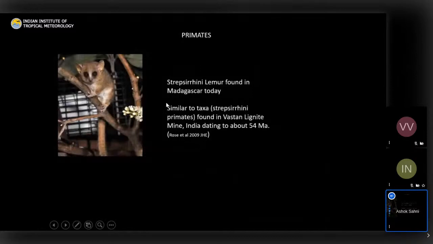You may recall that Madagascar still has one of the rare lemurs, these are primates with large eyes and long tails. Well, at that point of time in India, at 54 million, we also found similar lower primates. So this is again to reiterate that a lot of holdovers from Madagascar and Africa are found in India.